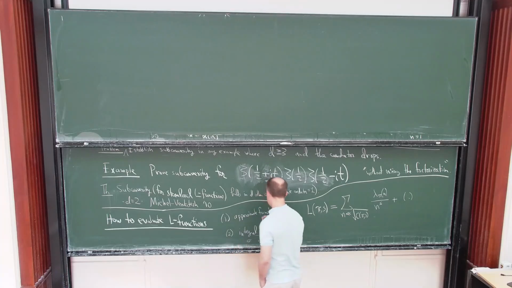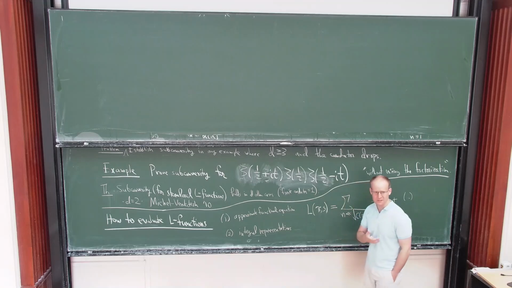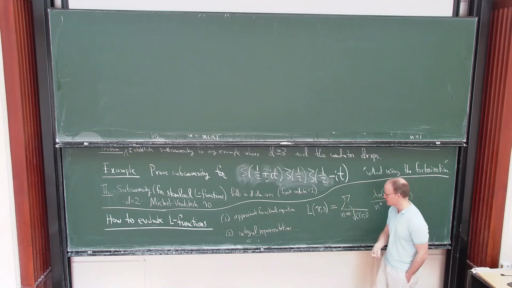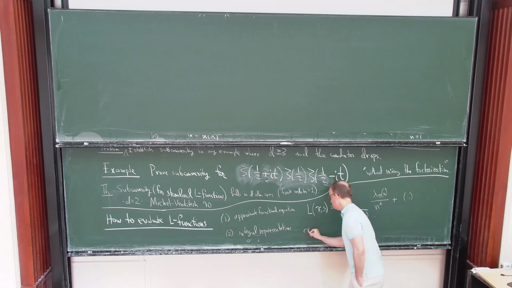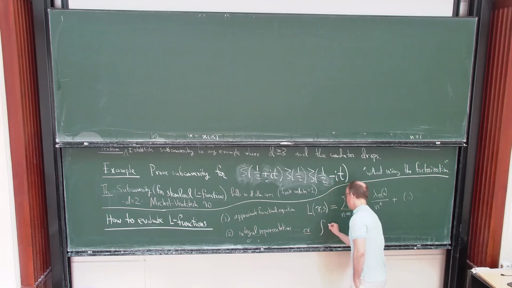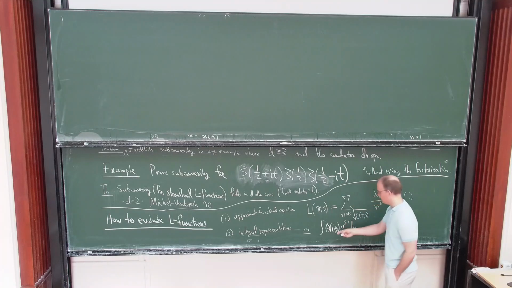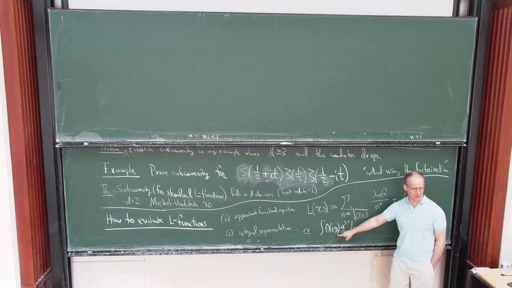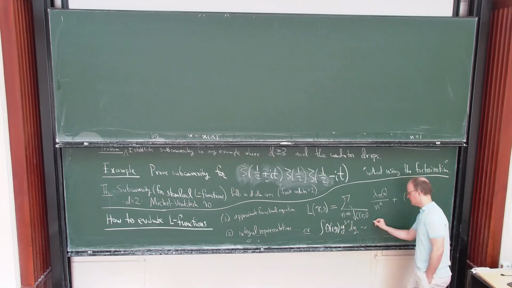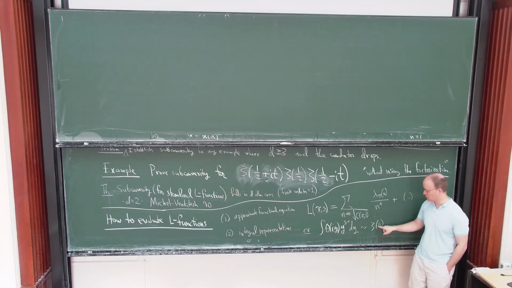There are many ways you can write down L functions as integrals of automorphic forms. A prototypical example is the way that Riemann proved the analytic continuation of the zeta function: he showed that some integral of something like a Jacobi theta function is roughly zeta of s, maybe putting a 2 there.